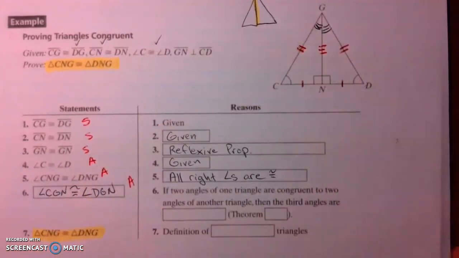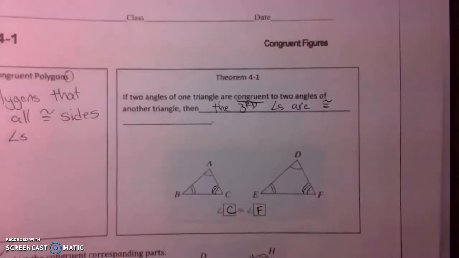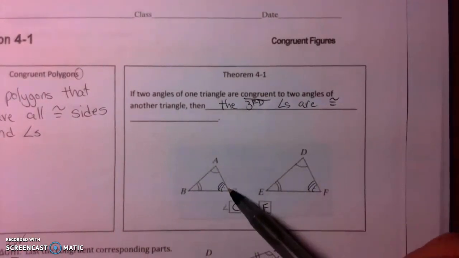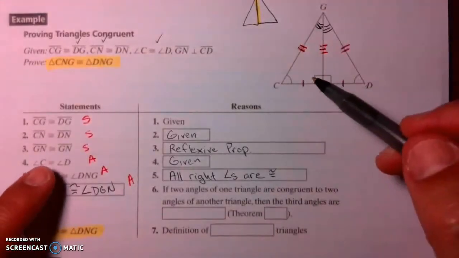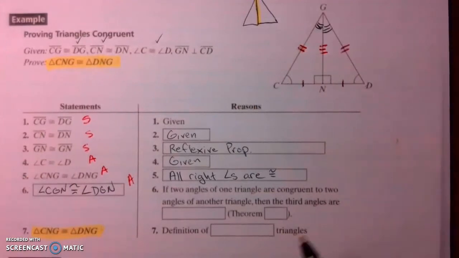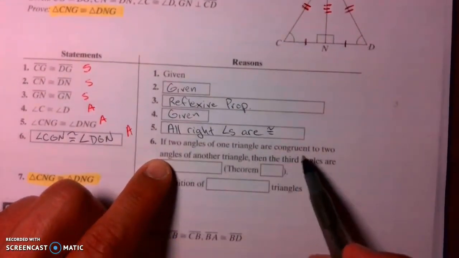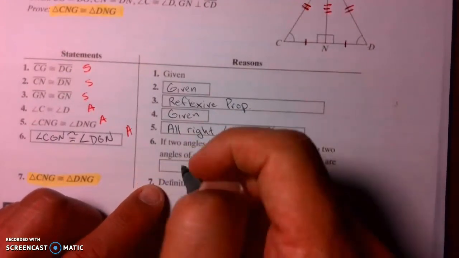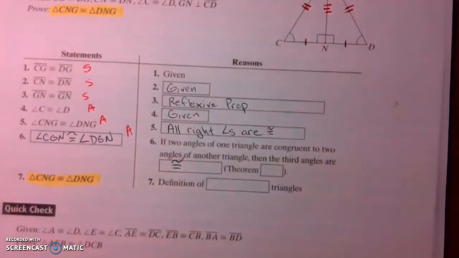And the reason why, and this is going back to the first page here, if 2 of the angles are equal, then the third angles must be equal. Well, these 2 angles are equal at the bottom, so this third angle near the top must be equal. If 2 angles of a triangle are congruent to 2 angles of another triangle, then the third angles are congruent.